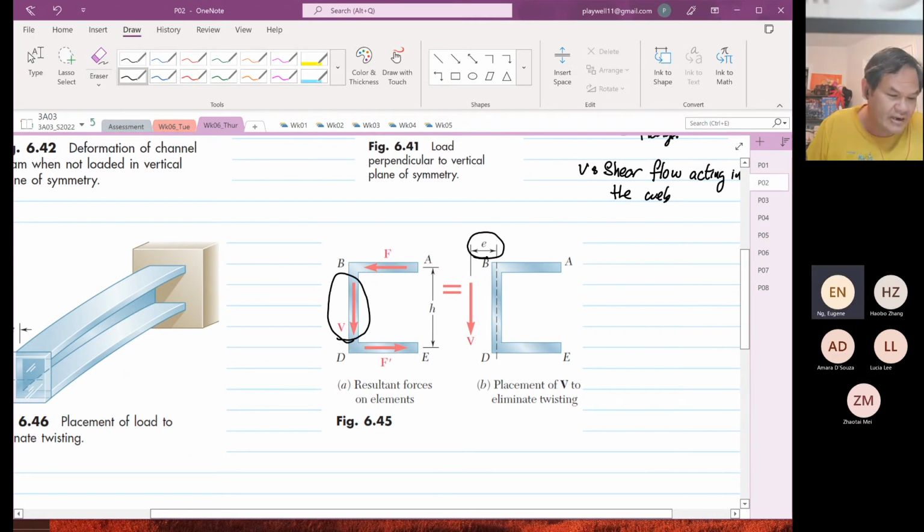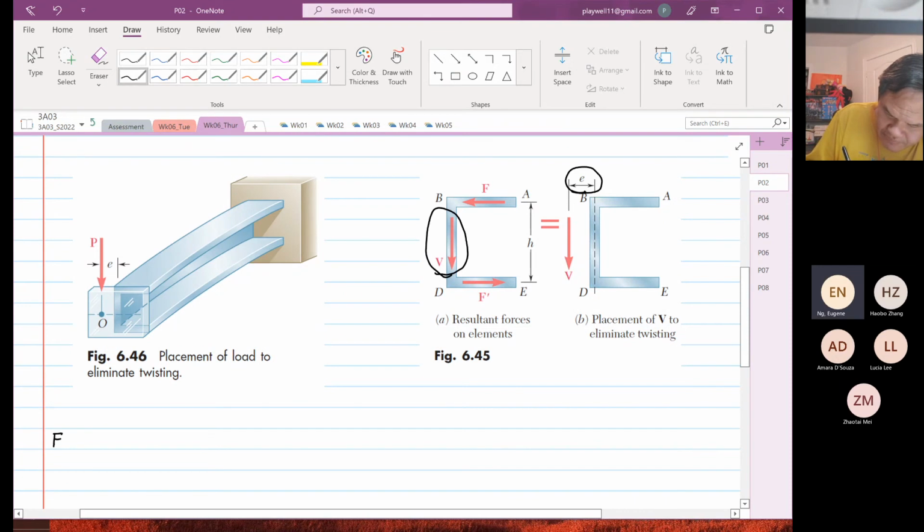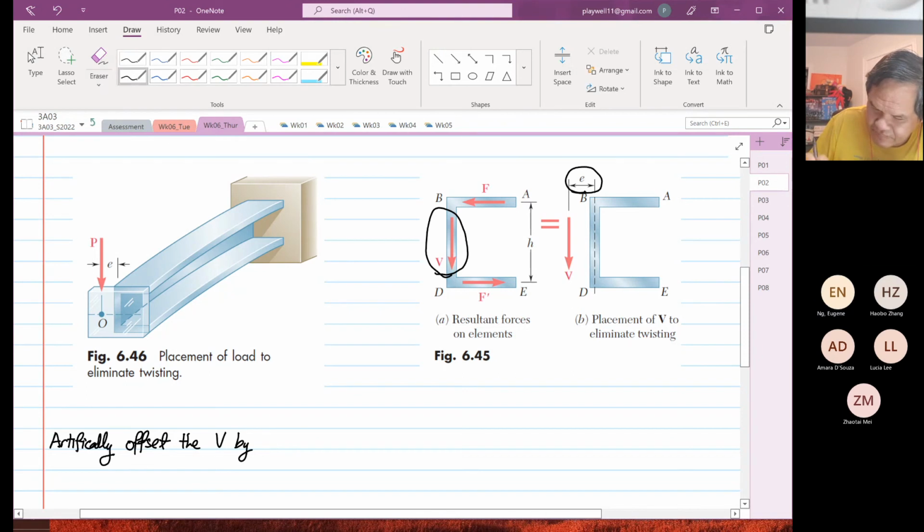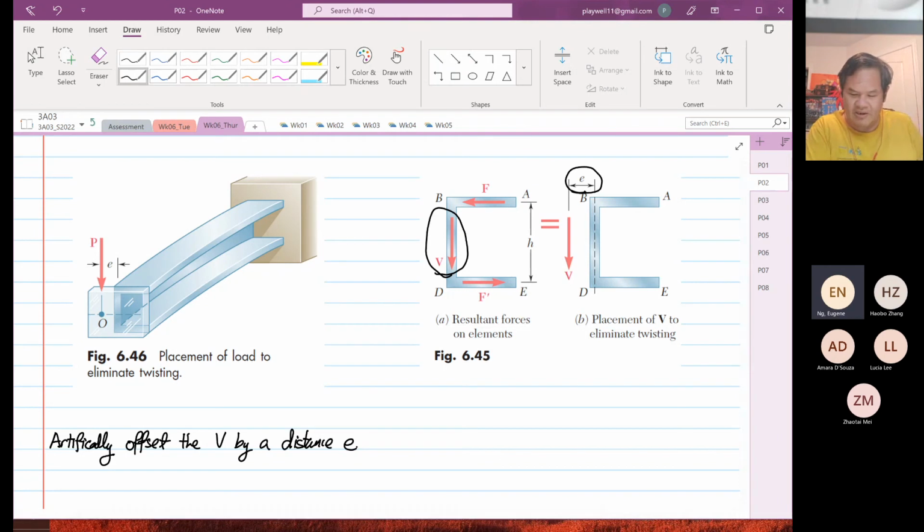Okay, is to artificially, okay, artificially offset the V by a distance E. Okay, so artificially generate an offset by a distance E, and this E distance, there's a name for it.